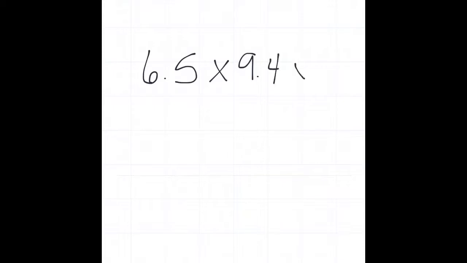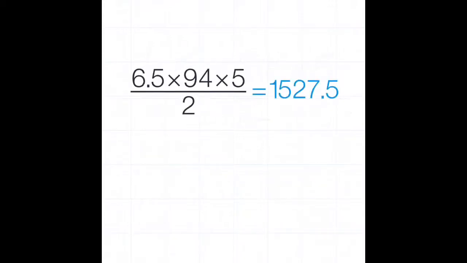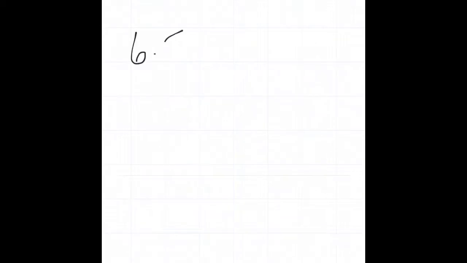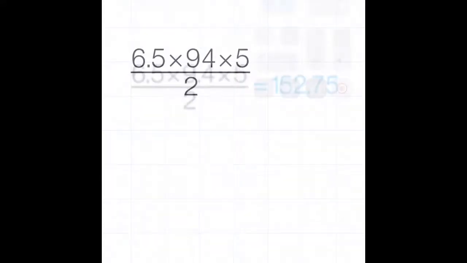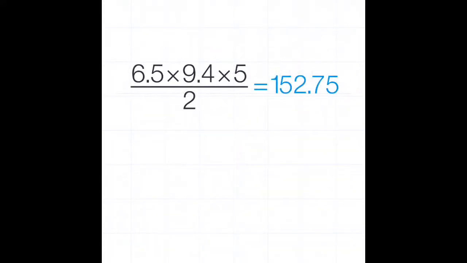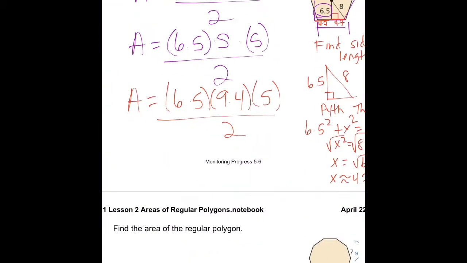So the area of this figure is 6.5 times 9.4 times 5 divided by 2. So when I take 6.5 times 9.4 times 5 divided by 2, we get 152.75.